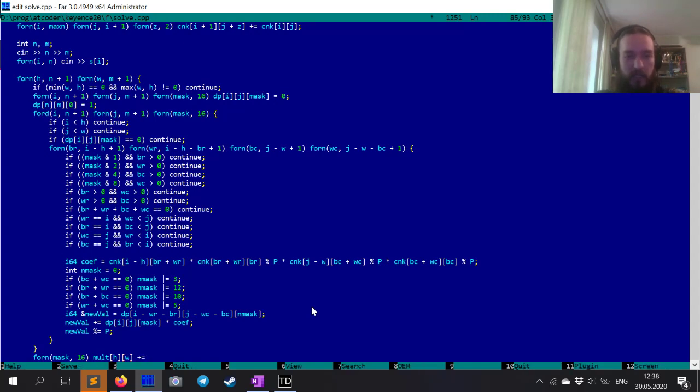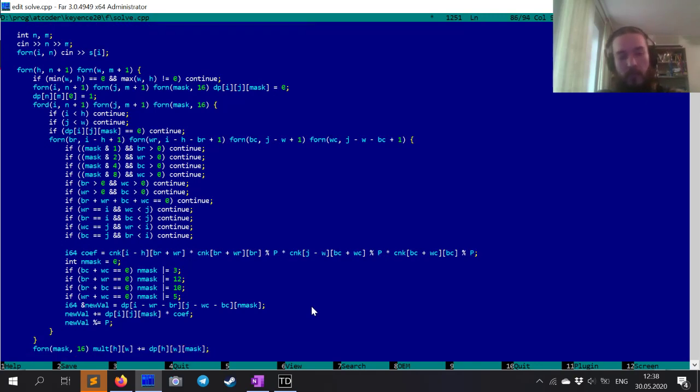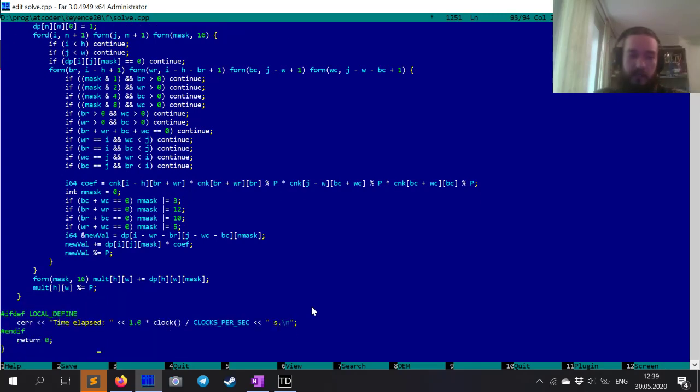And this has to be the sum of all dp's for hw for different masks, because masks are not important. And then in the end we have to take this modulo p. So I think that sort of does it for the computation of in how many ways we can erase things, like color things from the end.